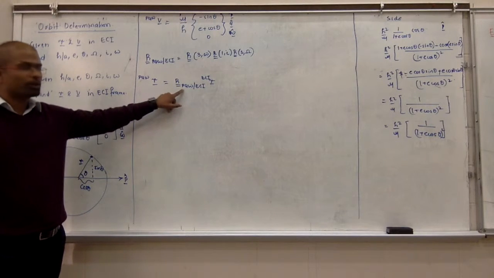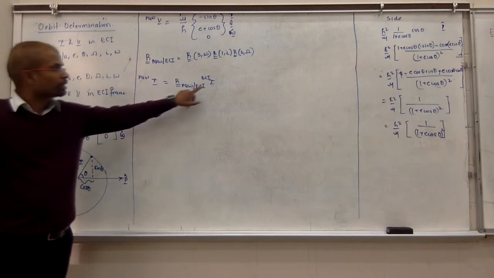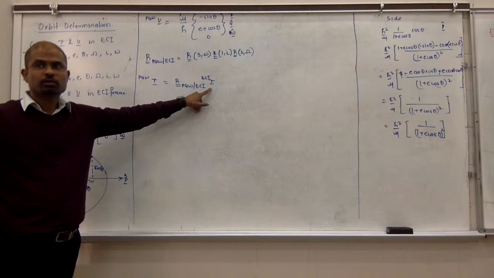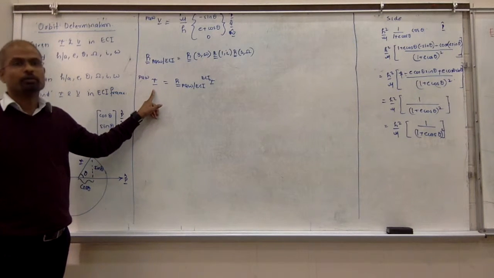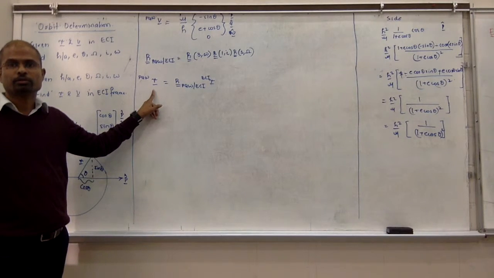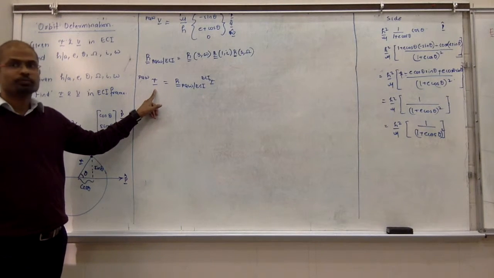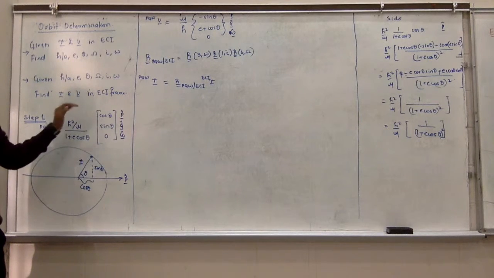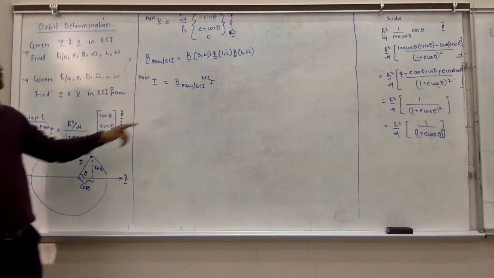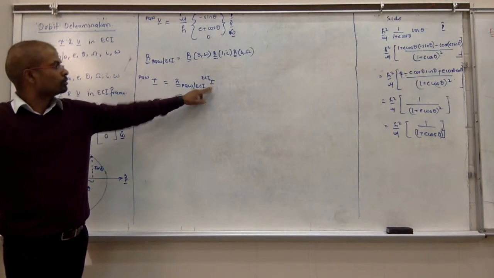This is a 3 by 3 matrix. This is a 3 by 1 vector. This is a 3 by 1 vector. But ECI and PQW is both 3 by 3, right?